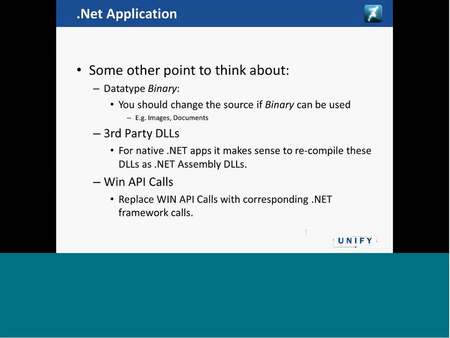For example, if you are dealing with images or documents, like you want to pass documents into an operating system, if you want to copy something, if you create documents with Office automation and so on, or if you create PDF files, or if you want to save something inside the database, like documents, like images and so on, then maybe it makes sense to use the data type binary.